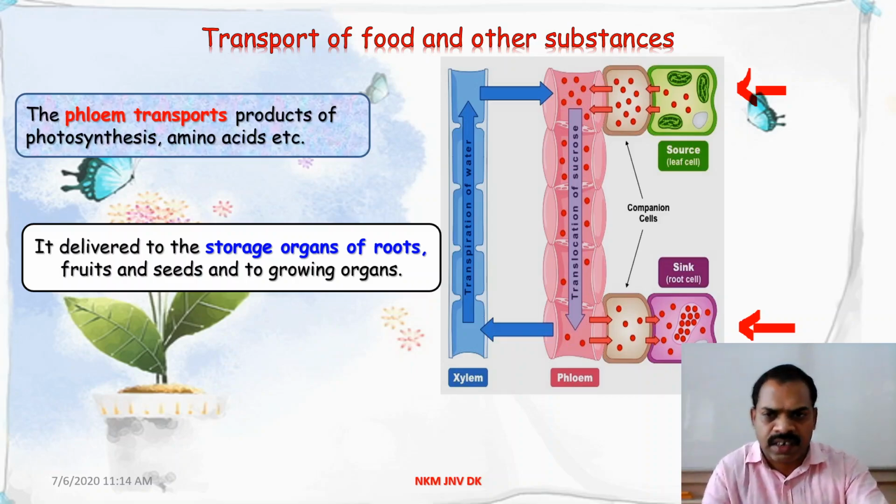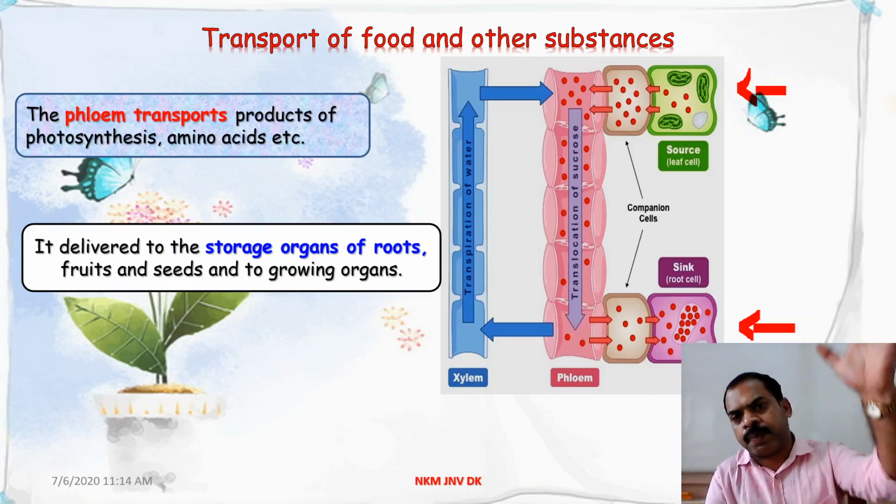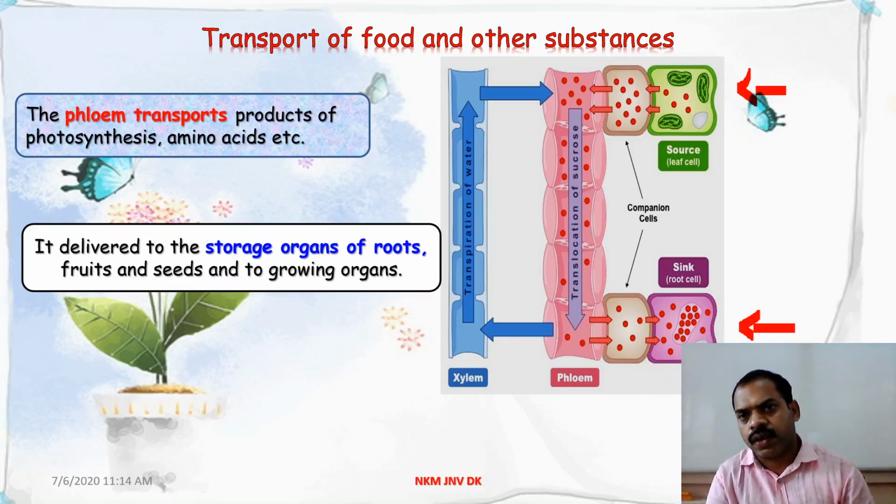Imagine the case of a carrot. The carrot plant will do photosynthesis and produce glucose, which is converted into sucrose, and then transported through the phloem vessels, the sieve tubes, into the area where it is required, that is called the sink.